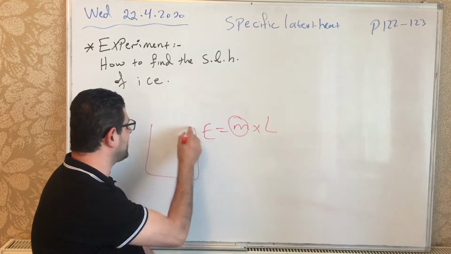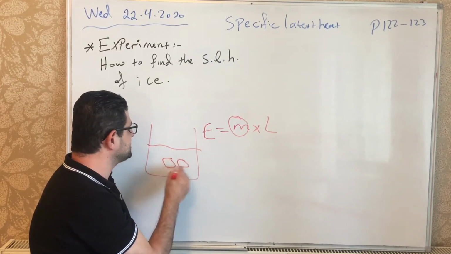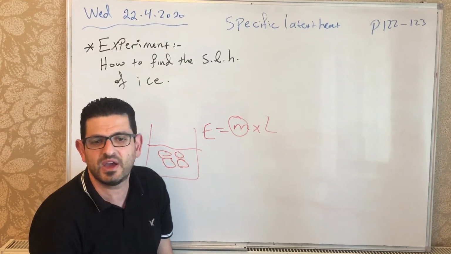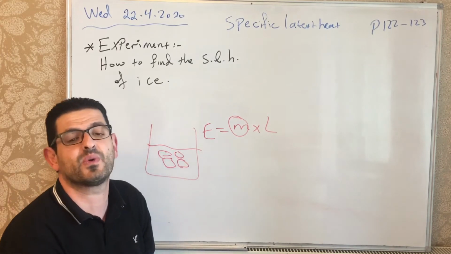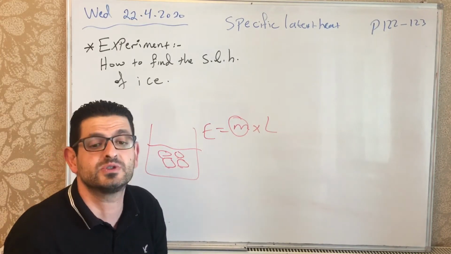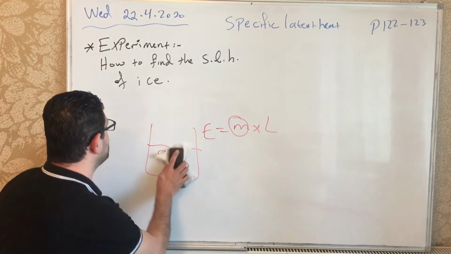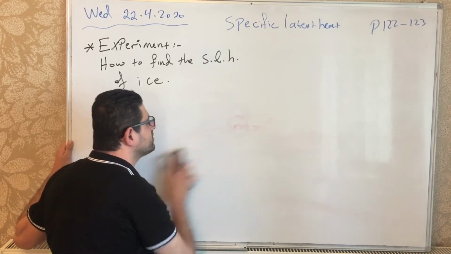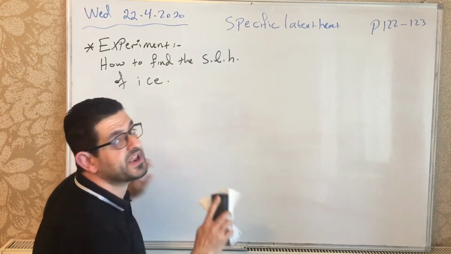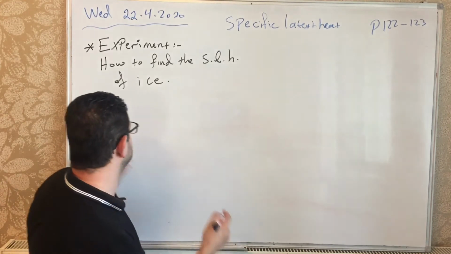So if you put a beaker with ice inside it and water inside it, you can't measure the mass of the water alone. So I will not use a beaker in this case. The best thing is to use a funnel.